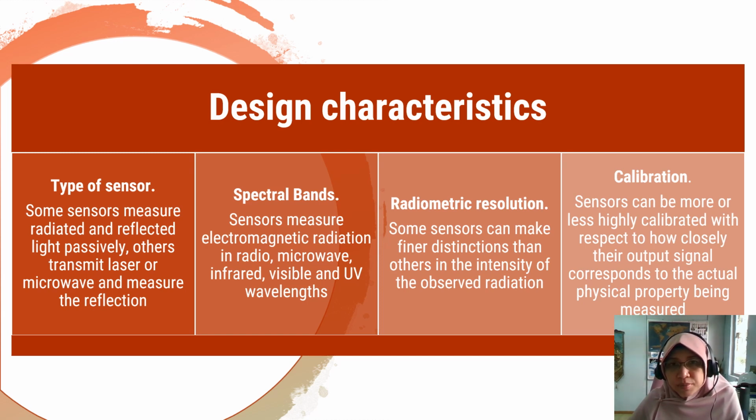Typically, this ranges from 8 to 14 bits, corresponding to 256 levels of grayscale and up to 16,384 intensities or shades of color in each band. It also depends on the instrument noise. Calibration we can define as how sensors can be more or less highly calibrated with respect to how closely their output signal corresponds to the actual physical property being measured.